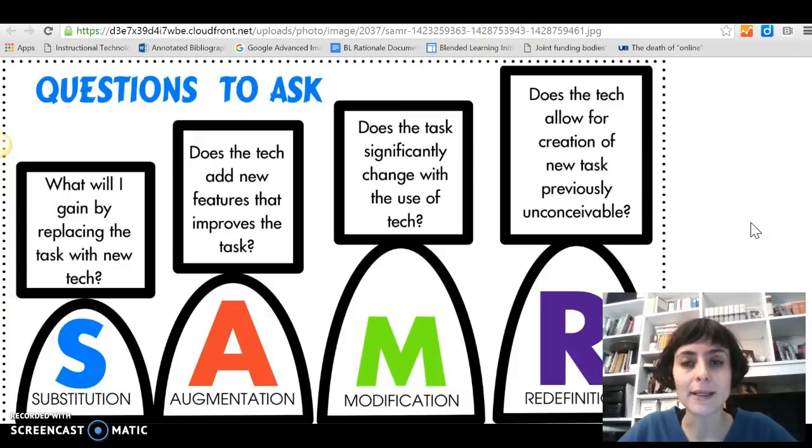So redesigning our course from a face-to-face to a web-enhanced or online course doesn't mean to simply add a technology tool to do the same thing in a different way, which is in fact a substitution or augmentation level where the learning is not really impacted in any way.